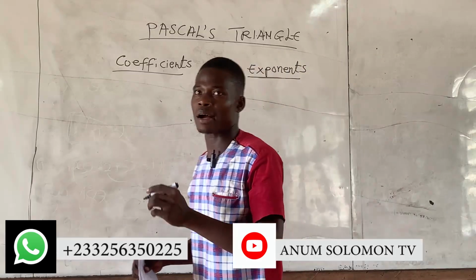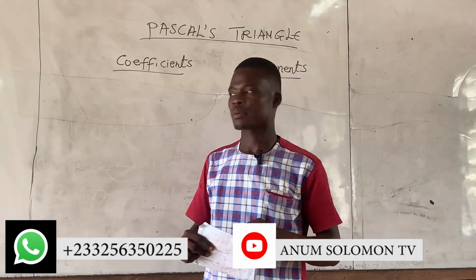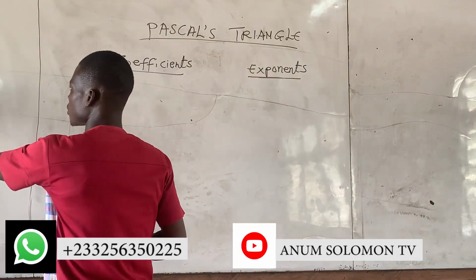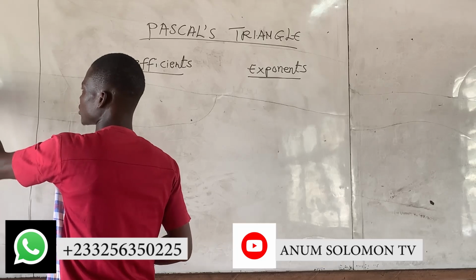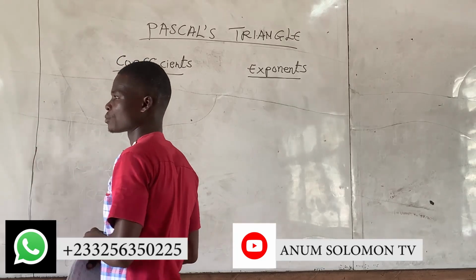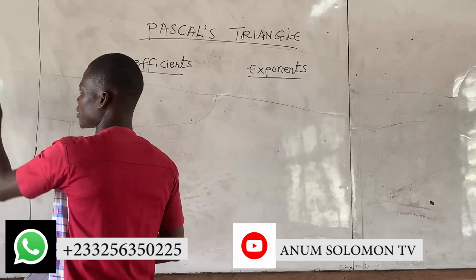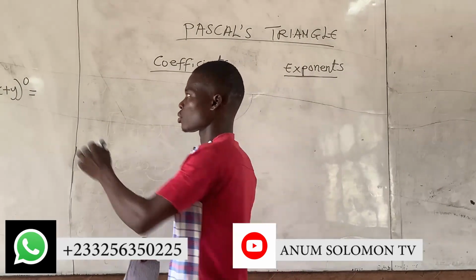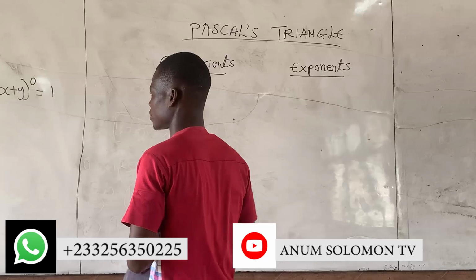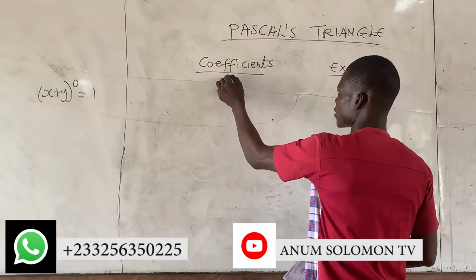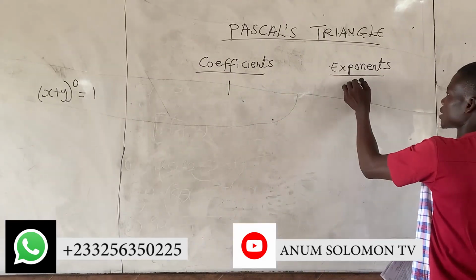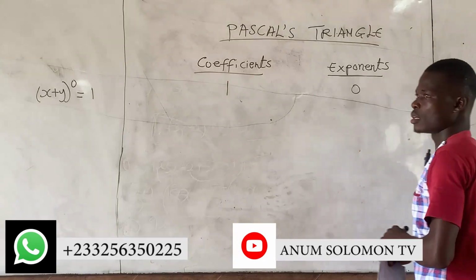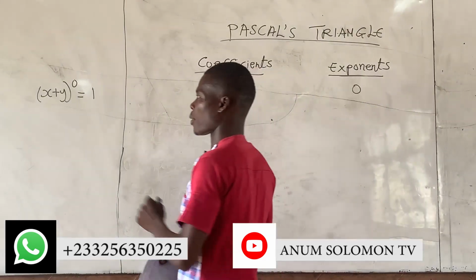If we have power 0, so suppose we have (x plus y) power 0, any non-zero number raised to the power 0 is 1. Here the coefficient will be 1, so write 1 here, and this exponent is 0.